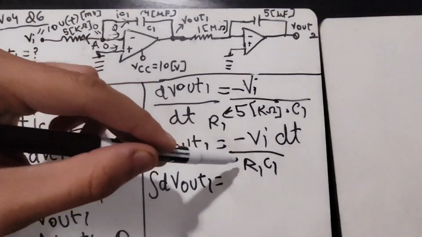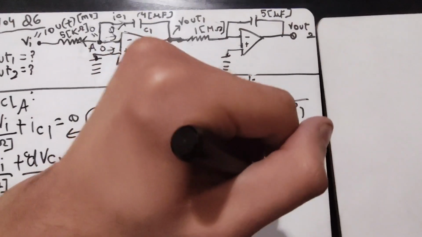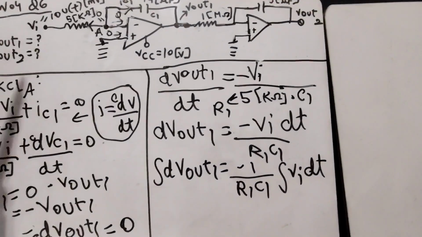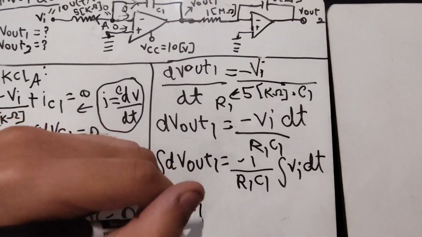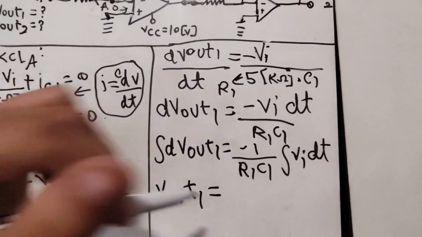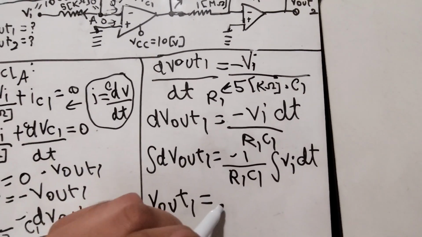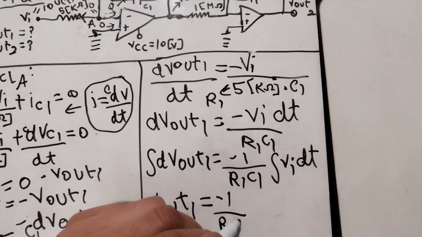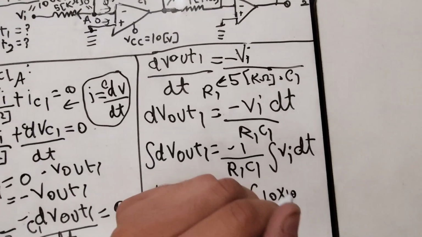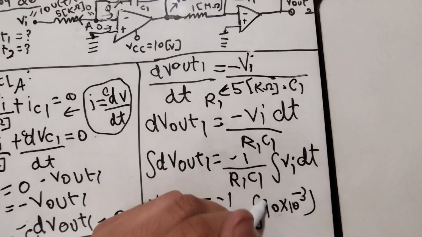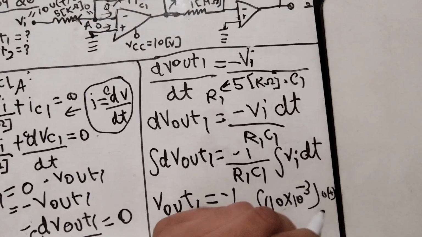Since the negative and R1C1 are constants, we can move them outside the integral. Integral and derivative are opposites, so we get Vout1. We know Vi is 10 millivolts, so we write the integral of 10 U of t dt.